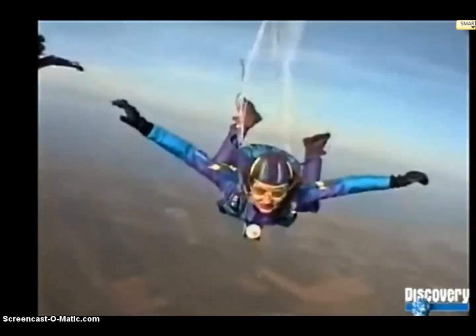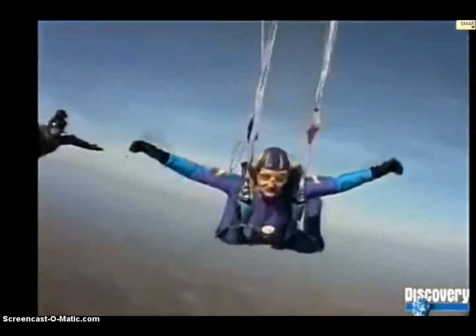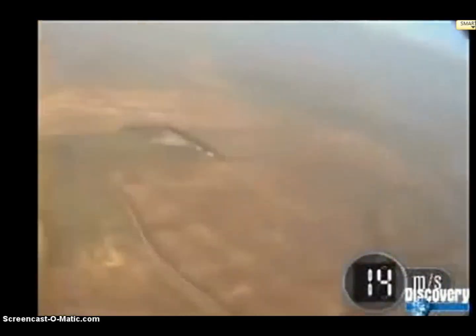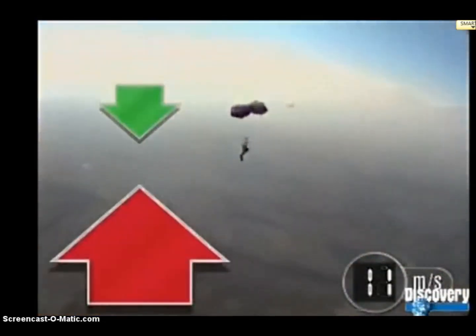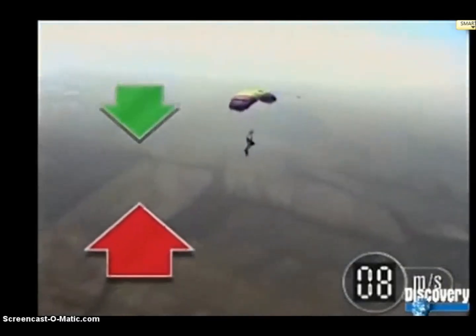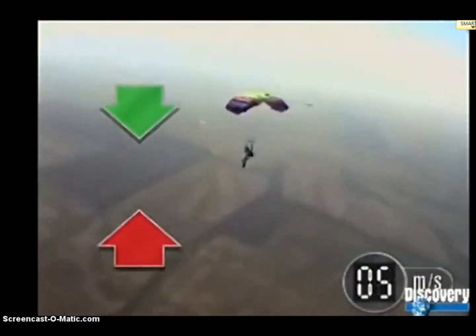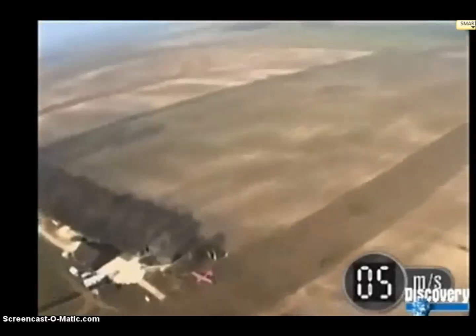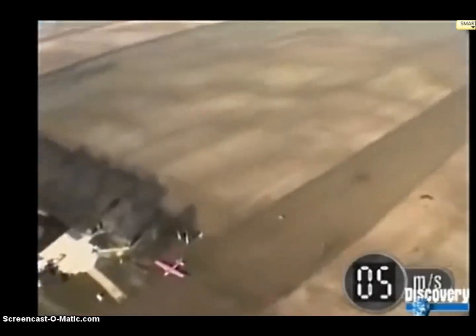To slow down, the upward force needs to be greater than the downward force. The forces are no longer balanced, and this changes her speed. She slows down. Because she's slowing down, air resistance decreases until it balances gravity again, and she reaches a much slower constant speed. Approaching the ground at 5 meters per second is a much better idea.